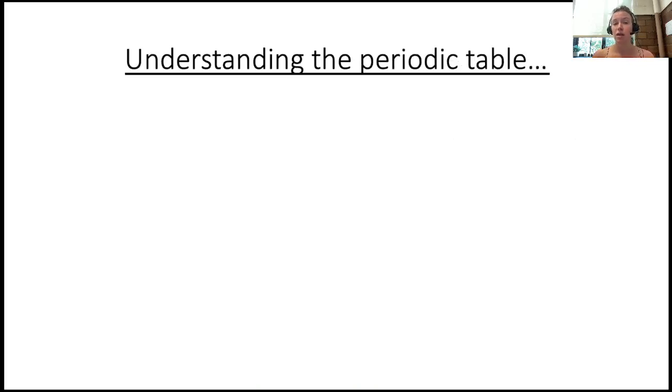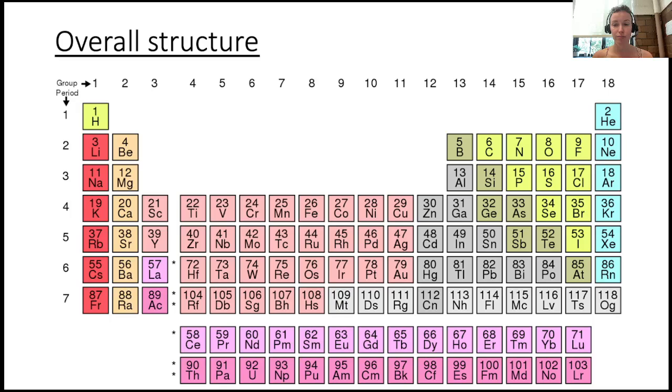Let's talk a bit more in detail about the periodic table because it can be incredibly helpful. Let's start with the overall structure of the periodic table, okay? So I want you to take a moment and look at these individual squares within the periodic table. You can see that each of these squares has a number associated with it. This is called the atomic number, and we'll talk about that more in a moment.